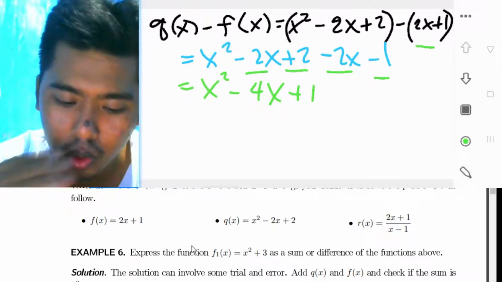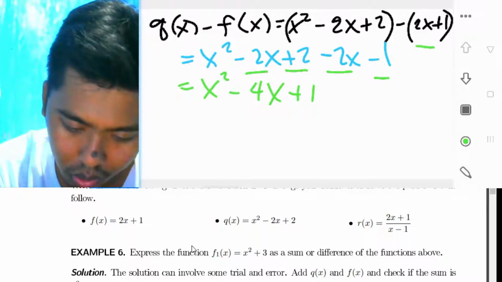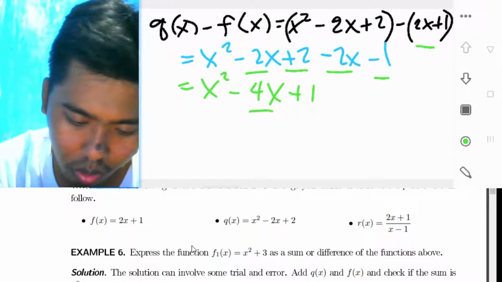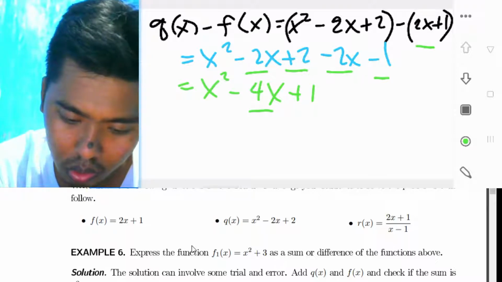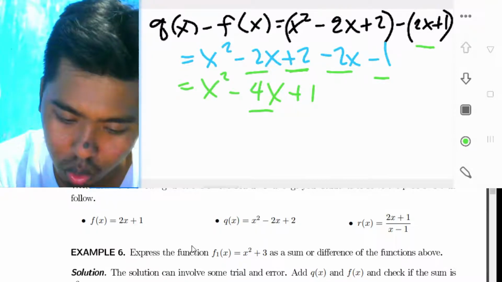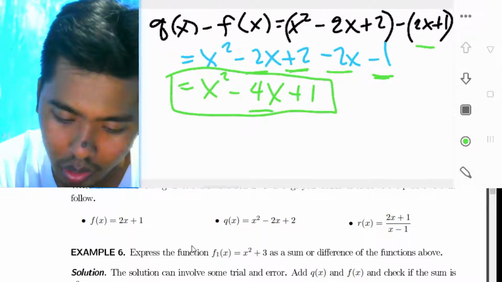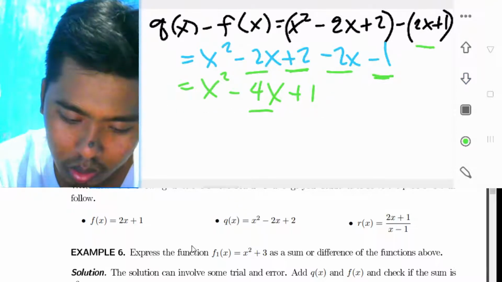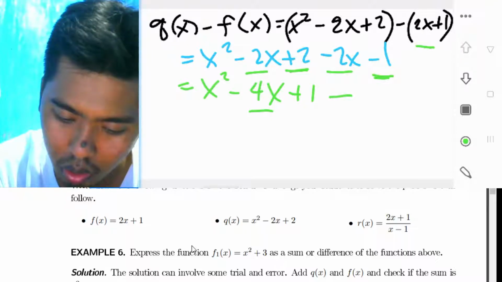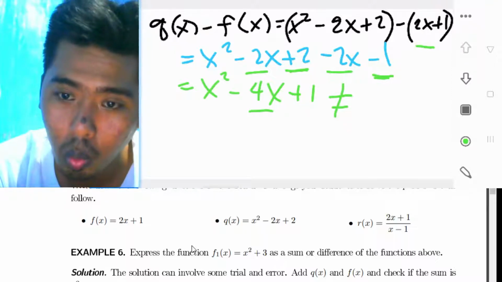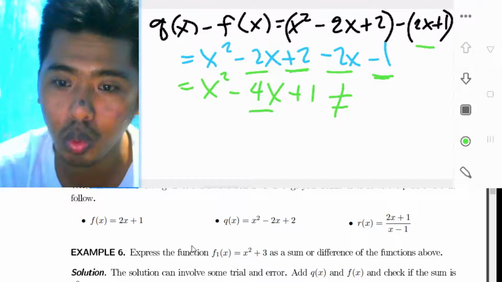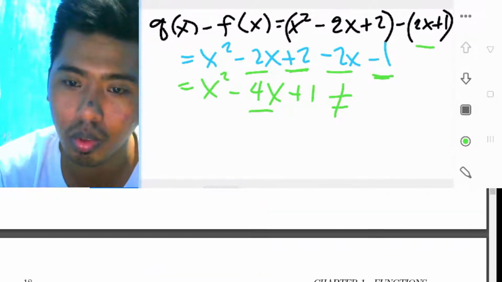So let's continue. That's correct. This is negative 4x. This is positive 1 because 2x and then negative 1. So meaning our answer with this one is equal with f sub 2. Let's look for f sub 2.